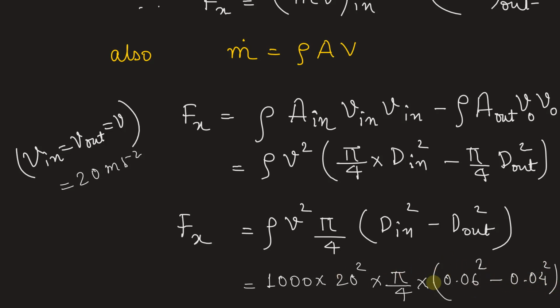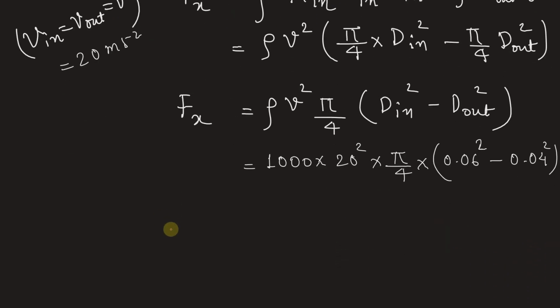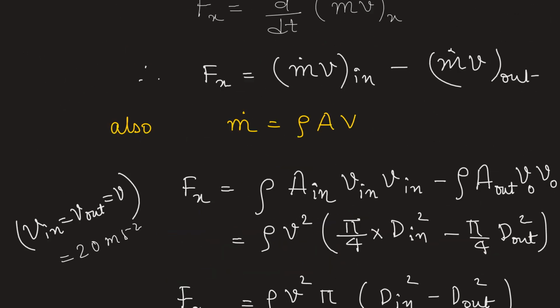All the values are given in this problem, and when we calculate this value we get force in x direction is equal to 628.32 Newton. So this is the force that is required to keep the plate in its position.